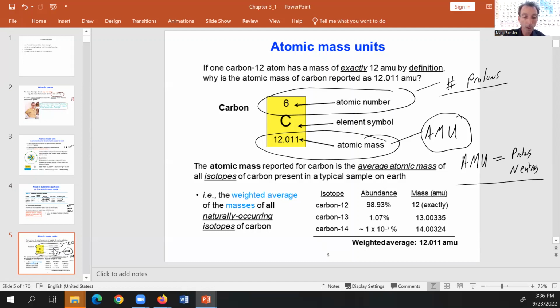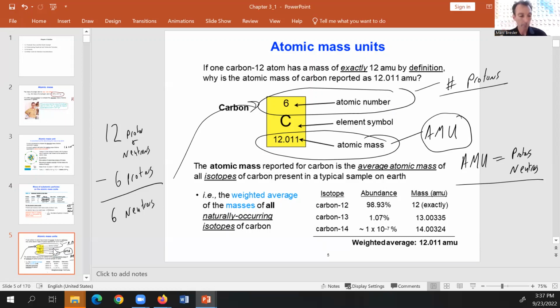So considering carbon, the atomic mass unit is about 12. So that's proton and neutron. So if you subtract out the 6 protons from the atomic number, then you know you have 6 neutrons. So that's kind of how you can determine how many neutrons there are.